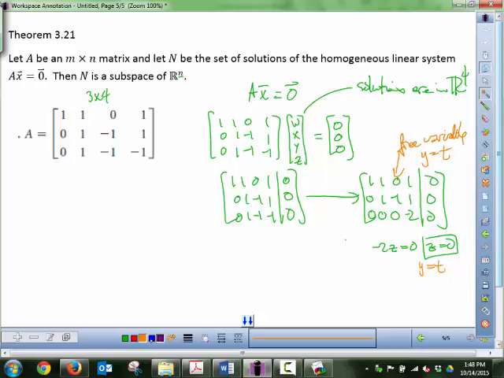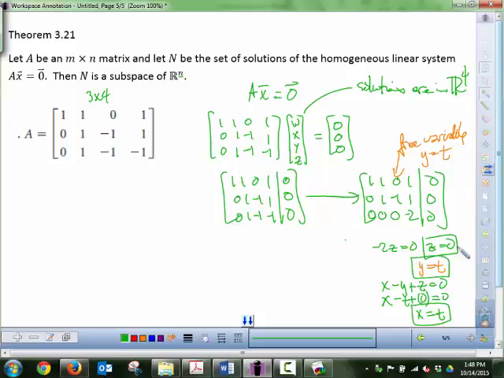And so let's continue solving for this. Our second row here gives us x minus y plus z is equal to 0. Well, we said z was equal to 0 and y was equal to t. And so what's x equal to? x equals positive t. Right? And then our first variable is w.